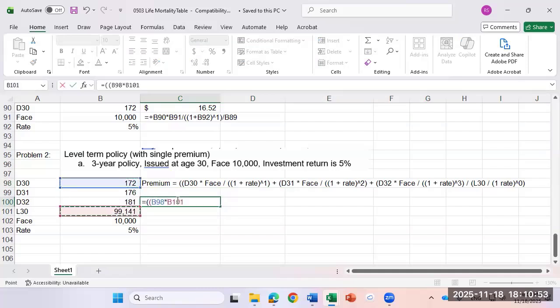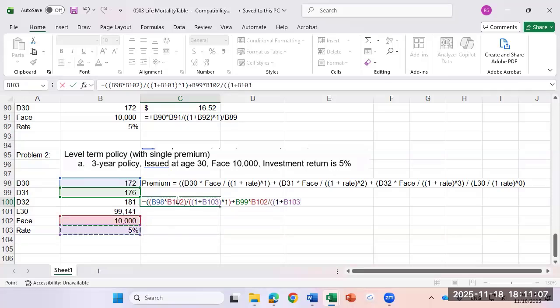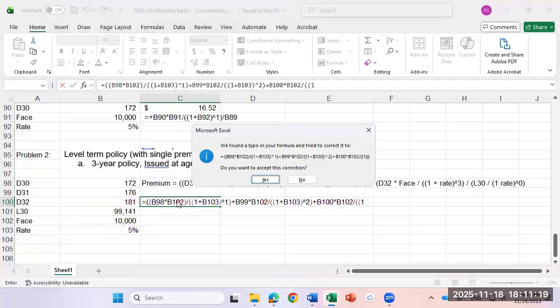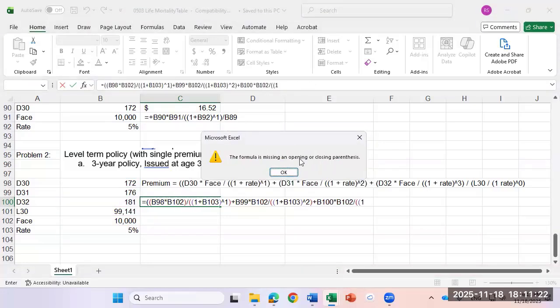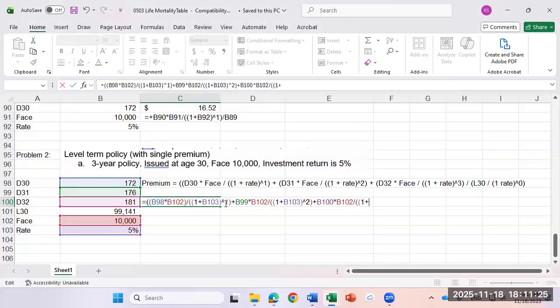D30 times the face, divided by 1 plus the rate raised to the 1, plus D31 times the face, divided by 1 plus the rate raised to the second, plus D32 times the face, divided by 1 plus the rate raised to the third.